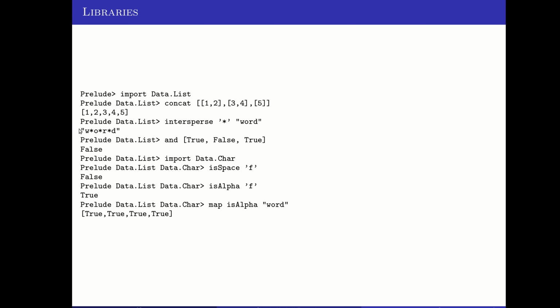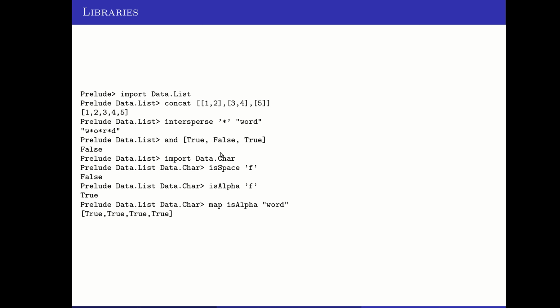So here we're inserting a star in between each of the items. And there's the and function in that list library, which will check that logical AND against all of the items in the list. We could write a similar thing using folds if we wanted to, but why would we when there's a nice built-in one?